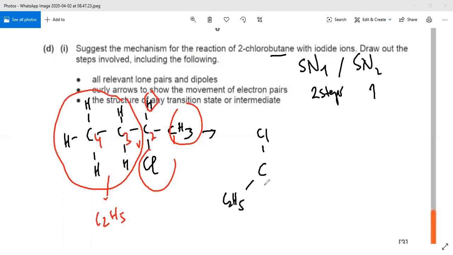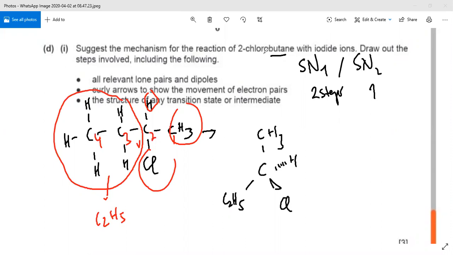And then, for example, this one is CH3, or this one is H. It's also possible for me to flip this one, so let me flip this one. Cl, and this one I have CH3. So I put here a CH3 and I have Cl.